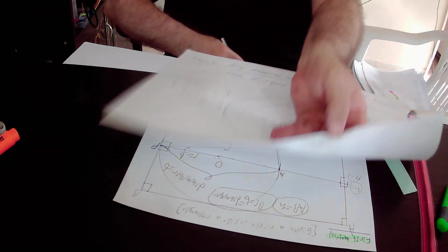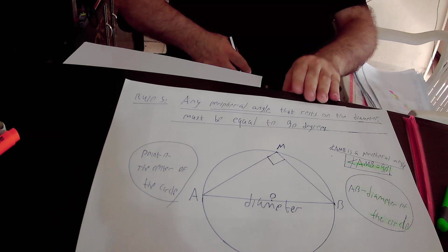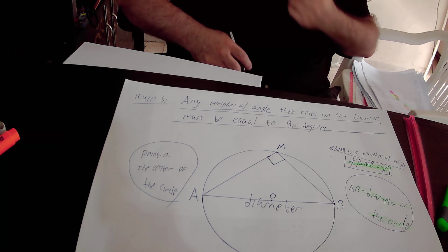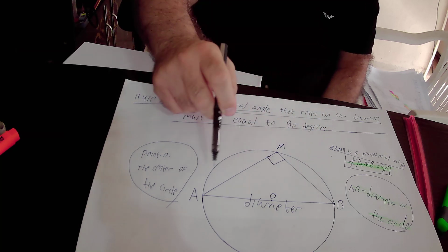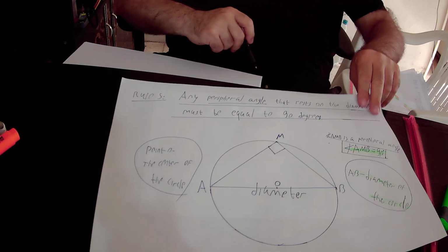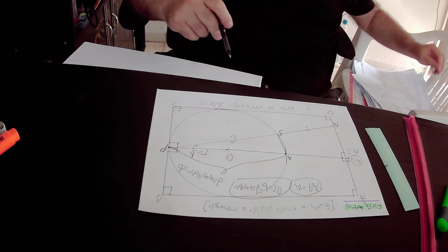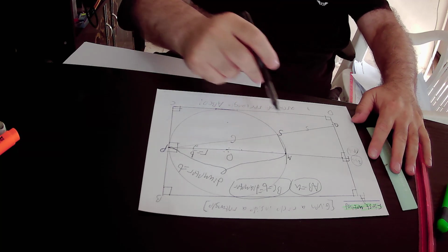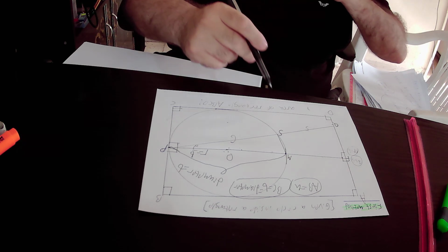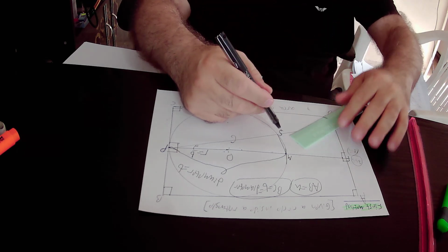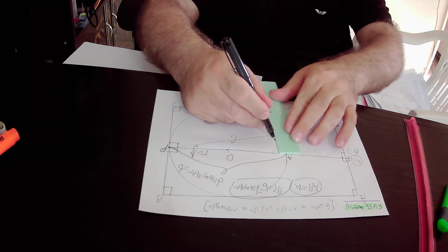According to rule number 5, any peripheral angle that rests on the diameter of the circle must be equal to 90 degrees. Here, peripheral angle AMB that rests on AB, that is the diameter of the circle, equals 90 degrees. We can implement rule number 5 in our drawing, because in our drawing we have peripheral angle PSM that rests on MP, that is the diameter of the circle. Therefore, according to rule number 5, peripheral angle MSP must be equal to 90 degrees.